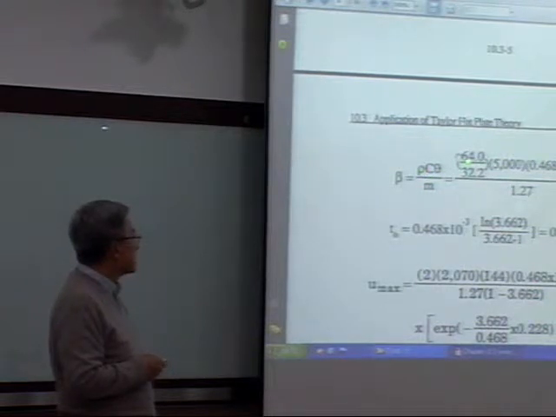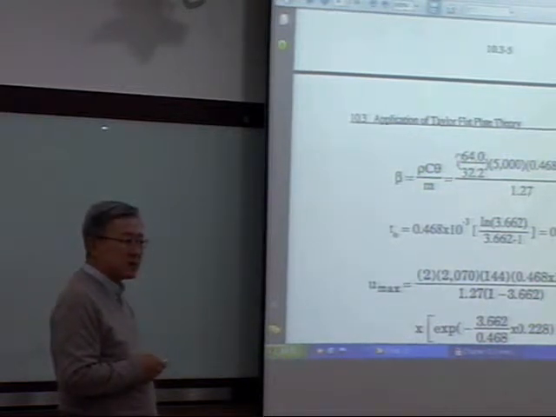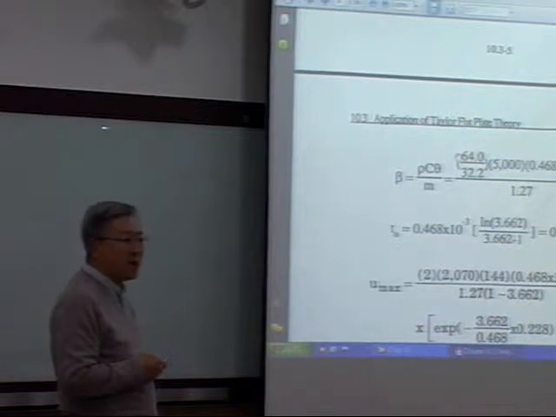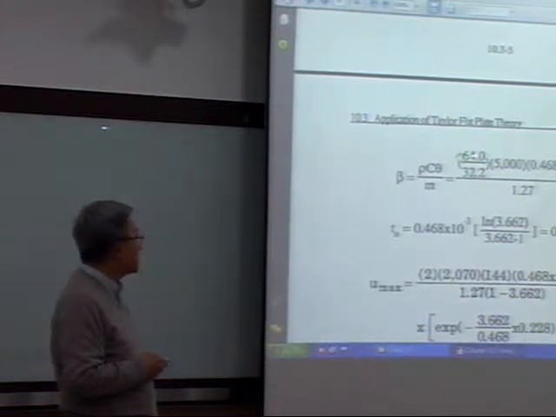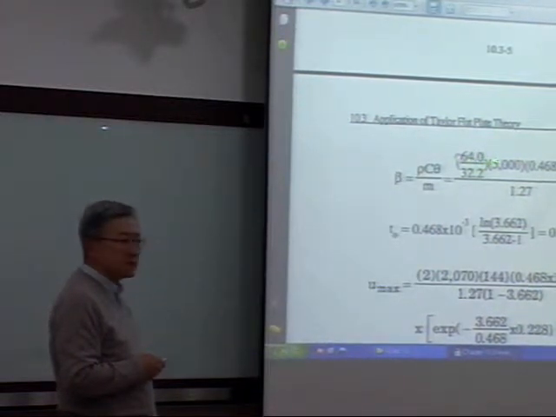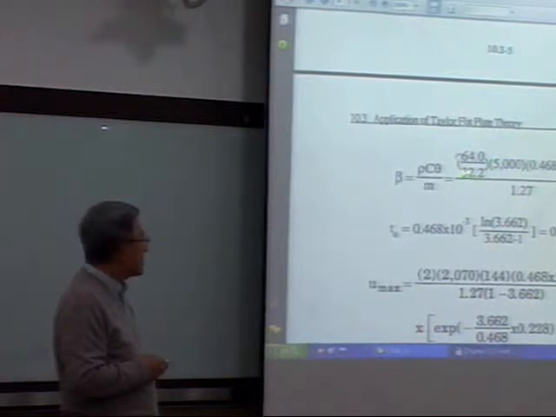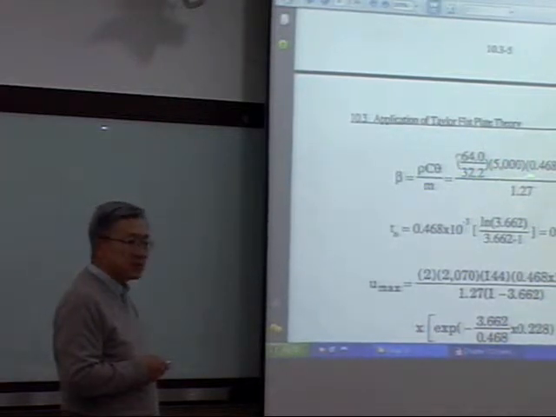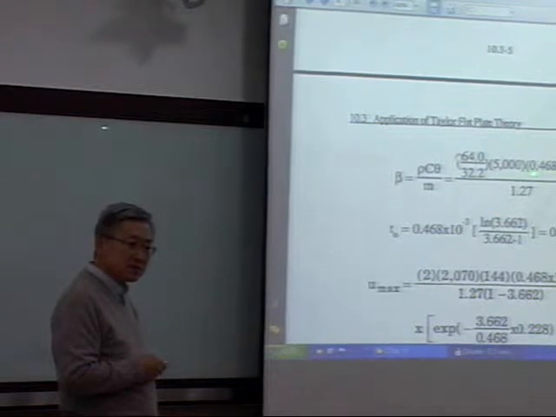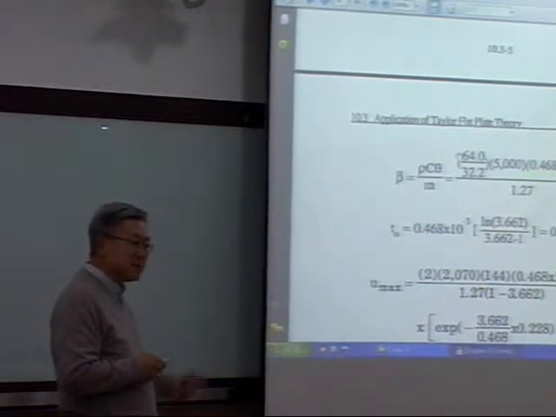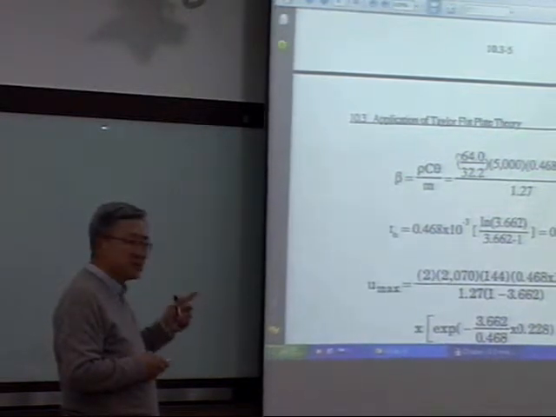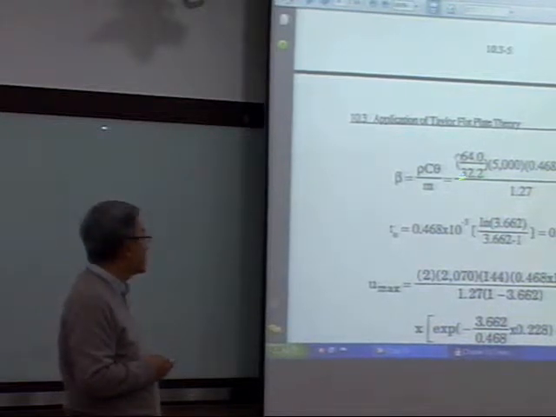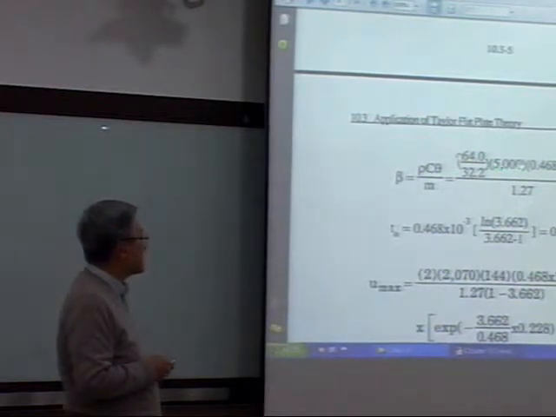Sea water is 64 pounds per cubic feet. So I divide by 32.2, which is feet per second squared. Make sense? So 5,000 feet per second.